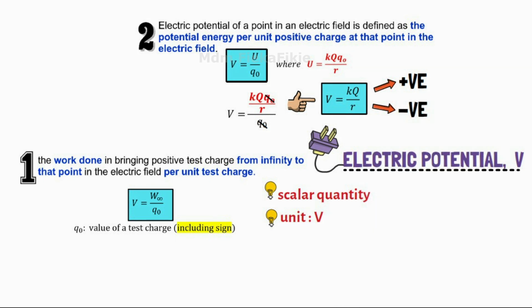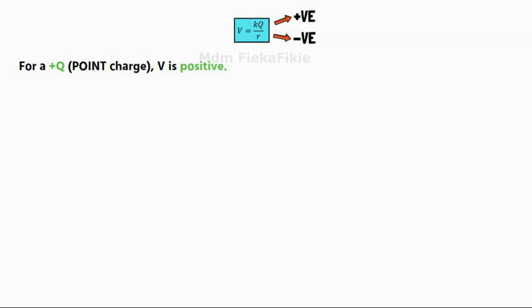So, when V is positive and negative value, dia ada membawa satu maksud yang berbeza. Bukan direction, tetapi electric potential can be positive or negative based on the point charge. If the point charge is positive Q, kita akan dapat nilai V kita adalah positif.